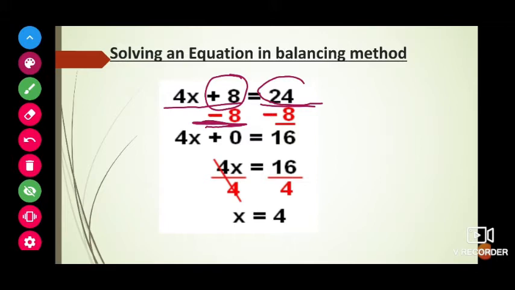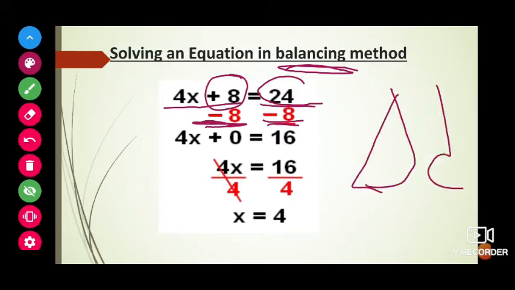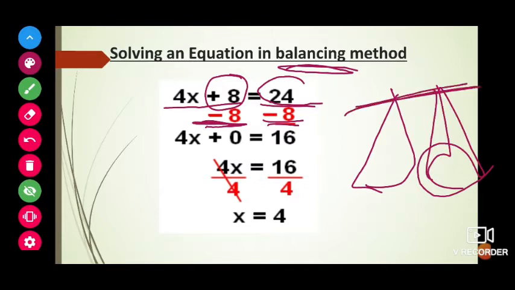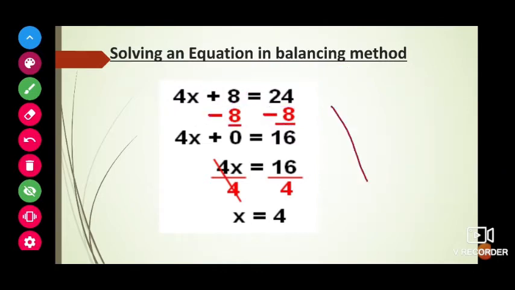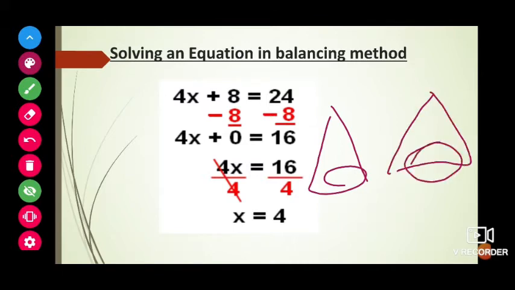Then it will get balanced. If I do minus 8 on the left hand side, the same thing should happen on the right hand side also. That's what balancing is. If a balance should stand equally, whatever weight I keep on one side, the same weight I have to keep on the other. Whatever weight I remove from this side, I have to remove from the other also.